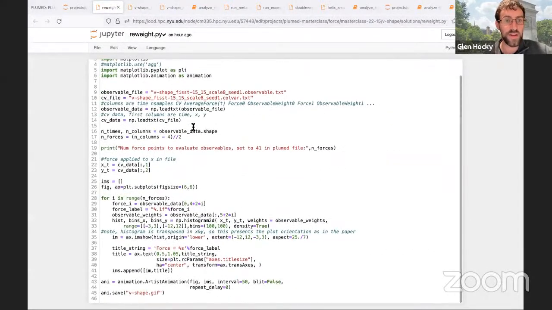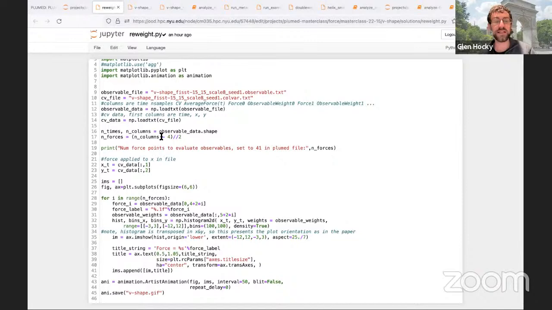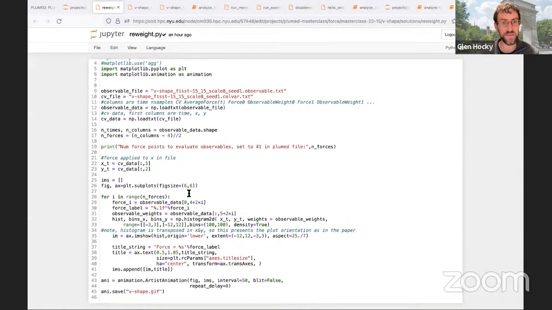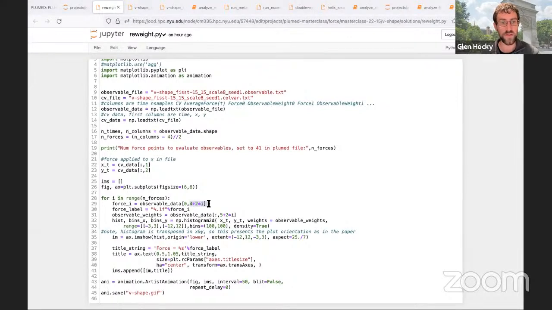All we do here is reweight the observable forces. You start with some column, and then you just have to move over. It starts from column 4, and then goes over every 2 in this case. You compute some observable weights, and then, just like in certain other kinds of reweighting, since we're computing histograms, you just pass the weights to the histogram function.